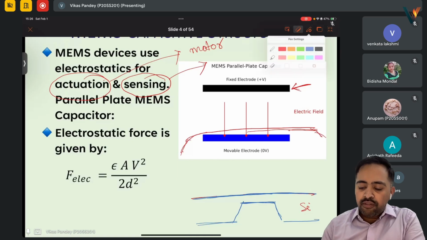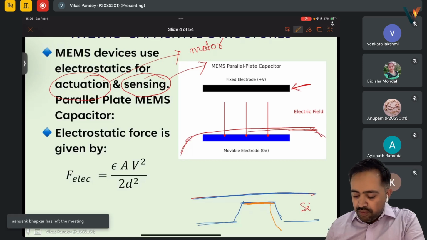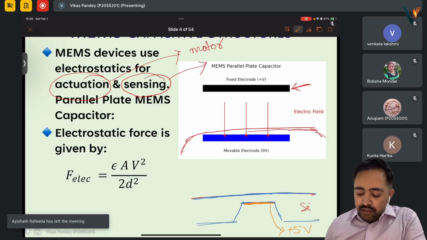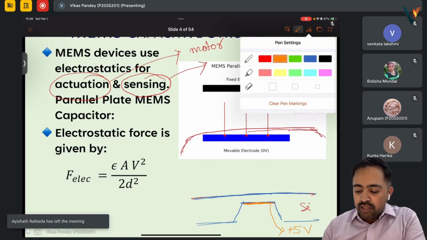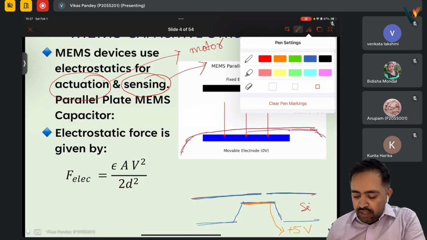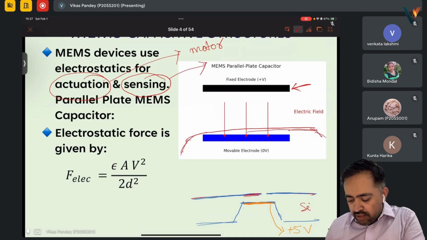Now we can have one electrode here. This becomes one metal plate, and we give it say plus 5 volt or plus 0.3 volt or something like that. Then on the top also we create a cavity such that we have a hanging structure here.